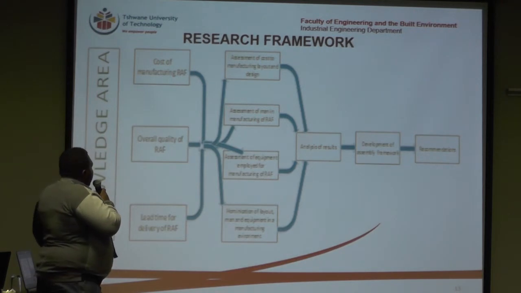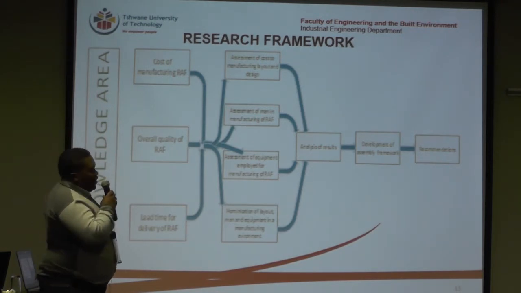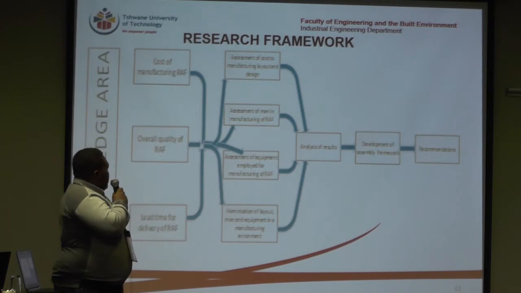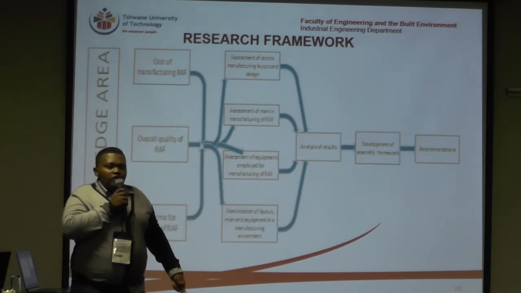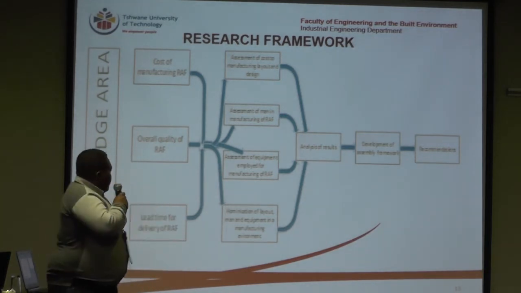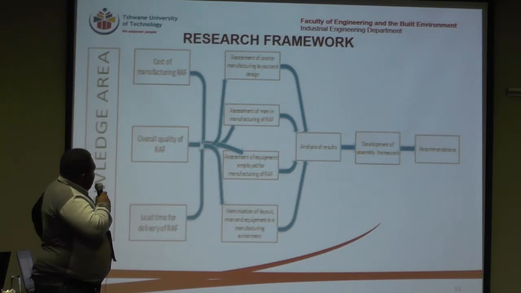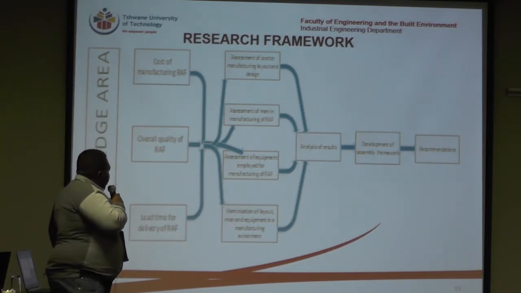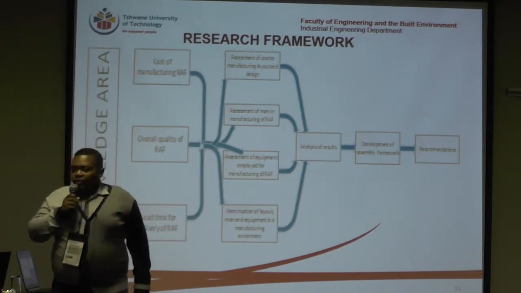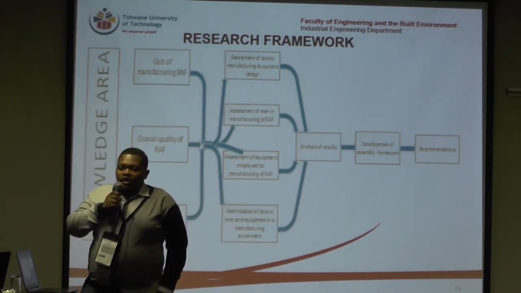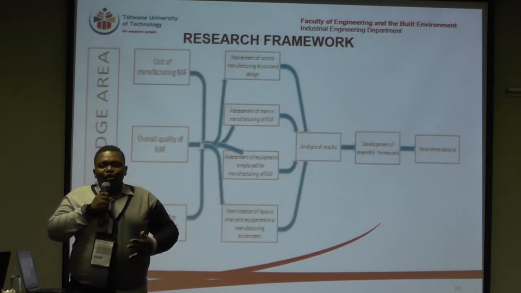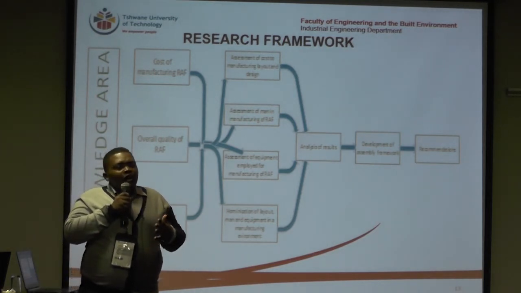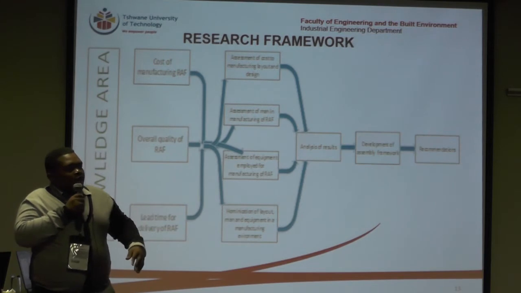You look at the assessment of cost with respect to the layout design, how your manpower is going to be affected, and the equipment, how it relates in terms of skills with other people, as well as harmonizing of layout, men, and equipment in a manufacturing environment. I think that is very key because, like my colleagues have been saying all along, I don't want to give you things that are irrelevant, but things you can relate to.